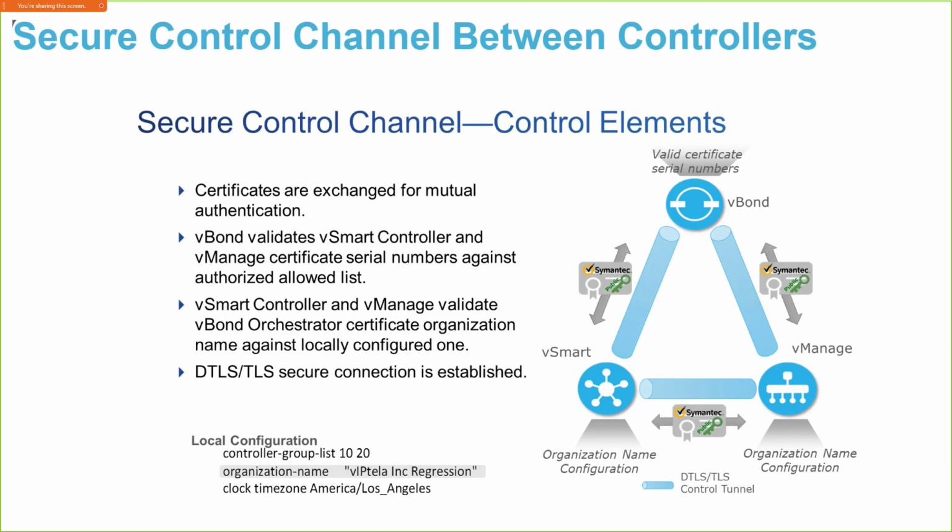So if we're looking at the diagram here, it says certificates are exchanged for mutual authentication, meaning that both parties authenticate each other. We're not just doing a single party authentication. If you're familiar with the way RSA works, we have digitally signed certificates, private and public certificate keys, and we present our public certificate, which is digitally signed by a third party that is trusted by every party, right?